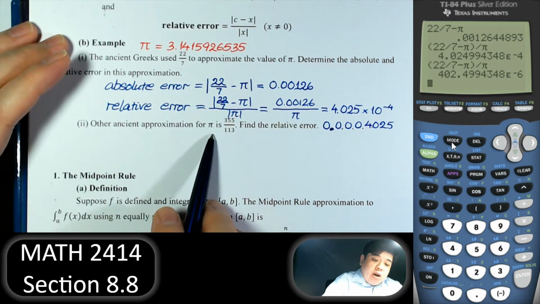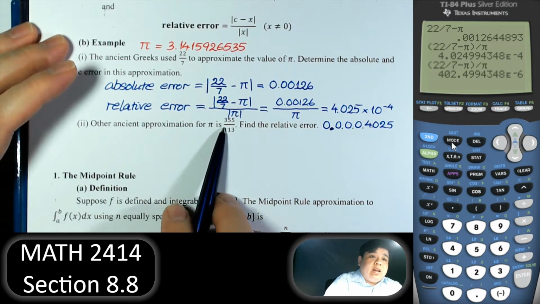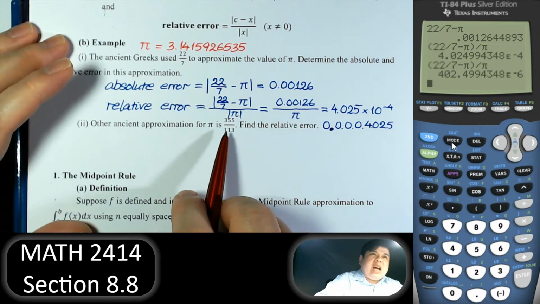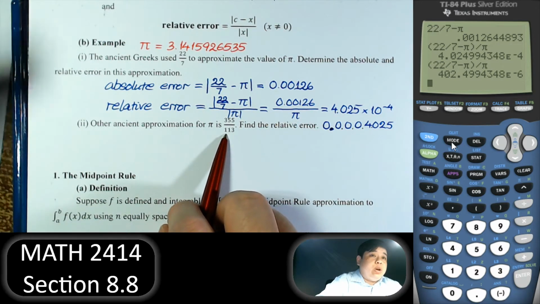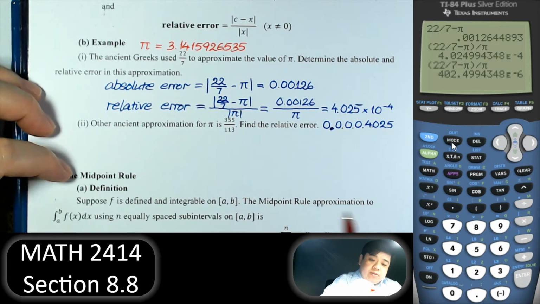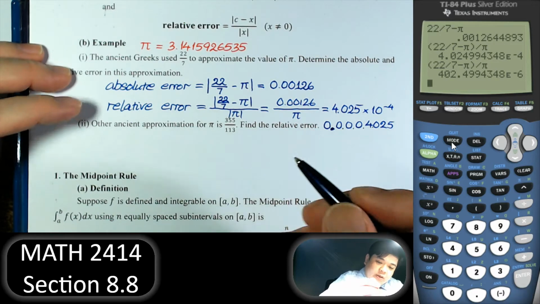Next, another approximation using this one. I think the Chinese used this. Of course, that's a little more complicated, so we should expect it to be a little more accurate. And we only ask for the relative error.